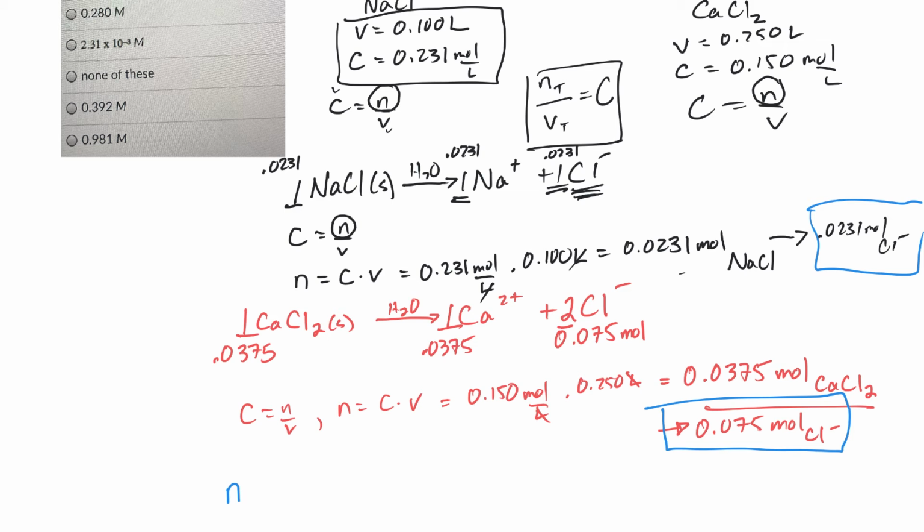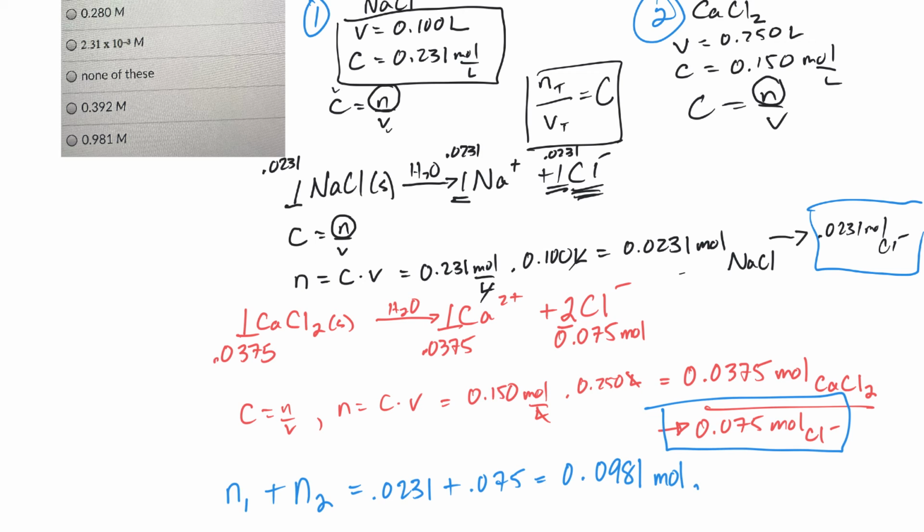Moles from solution 1 plus moles from solution 2 will be equal to 0.0231 plus 0.075, which equals, with the calculator, 0.0981 moles of chloride ions.